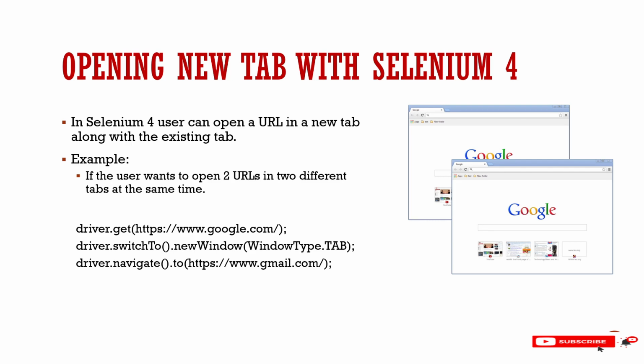Then if we tried to navigate again to a new URL, we needed to reload, or we can say override, the same web page that was loaded. From 4 we have an option called switch to new window. Switch to new window lets us create a new window and open a new URL there, and we can traverse between the two using window handles.